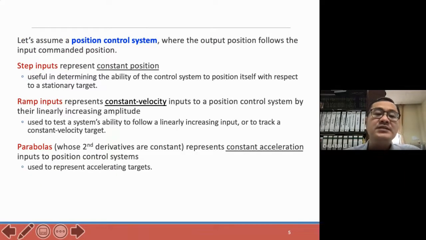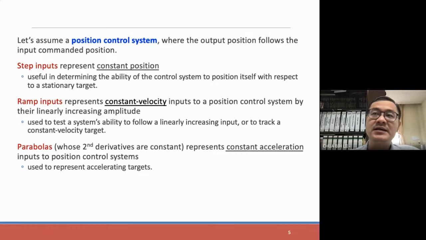So now let's assume a position control system, where we would like to control the final position of a motor, let's say. You input certain positions.